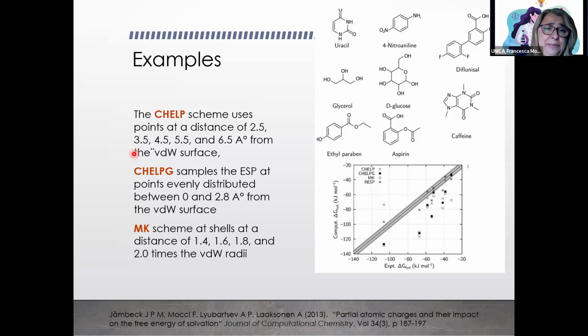Another variant of the CHelp method, the CHelpG, samples the electrostatic potential at points that are evenly distributed between 0 and 28 angstrom.